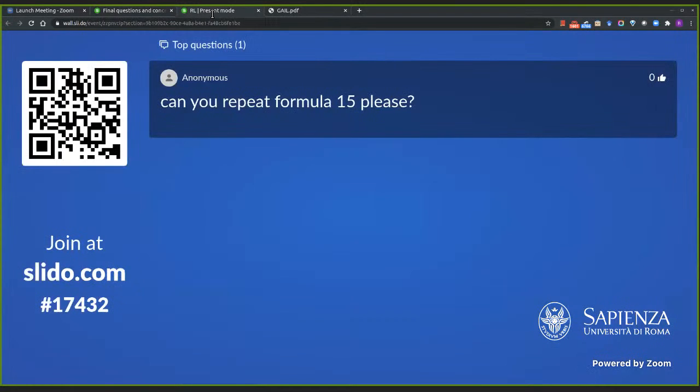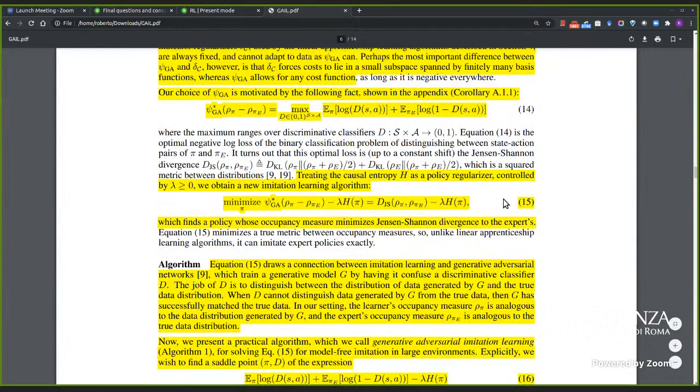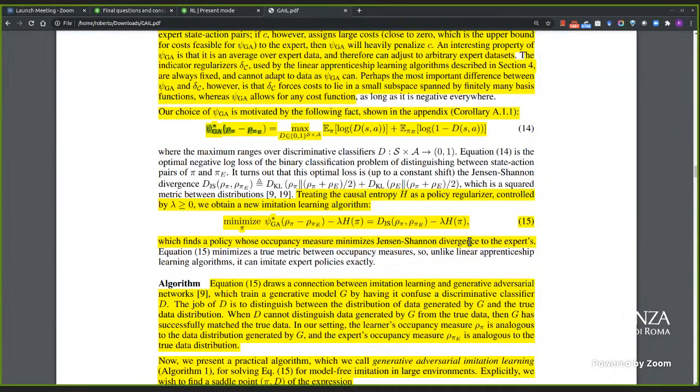Okay, can you repeat formula 15, please? So formula 15 is just adding the entropy regularizer to the imitation learning algorithm. It's just saying that this term over here is equivalent to the Jensen-Shannon divergence to the expert.